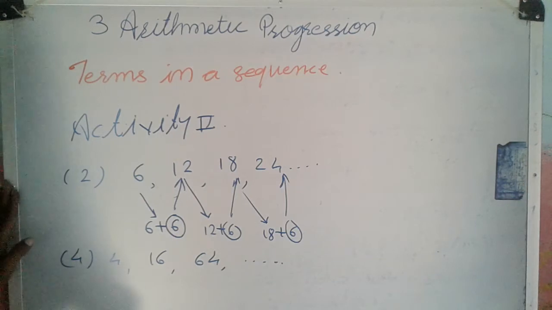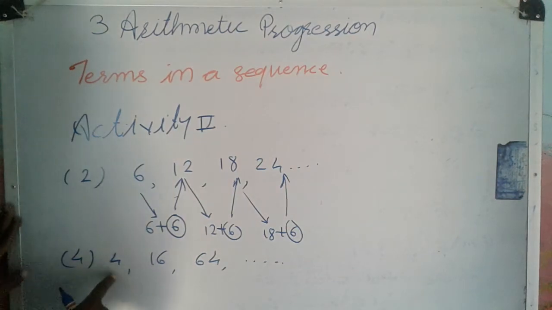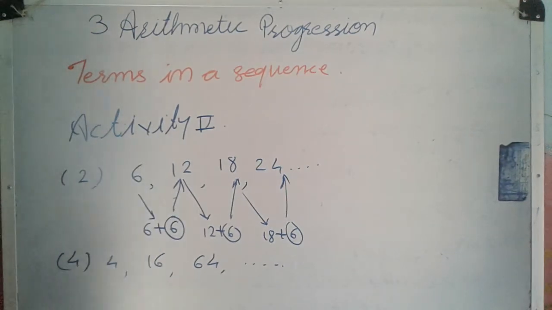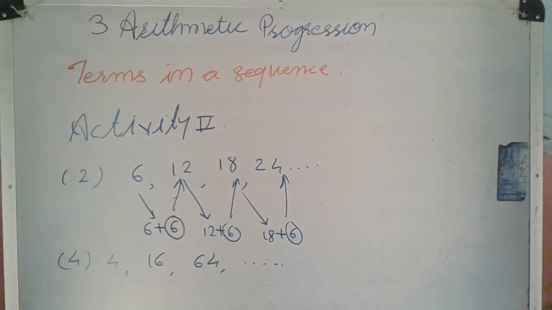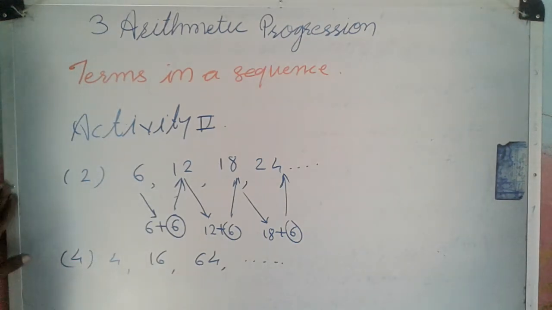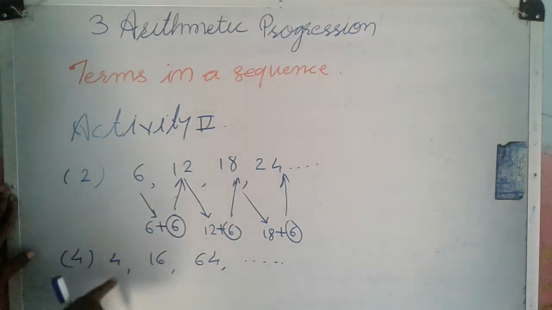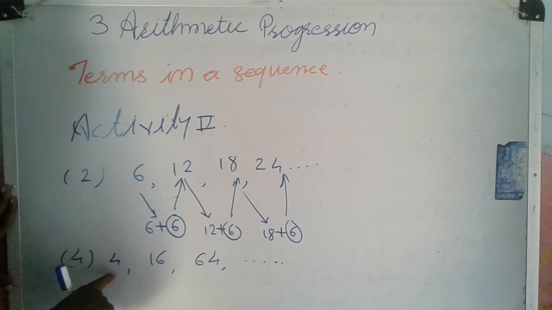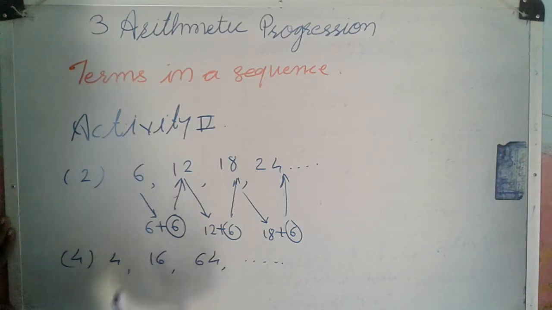In the fourth example, the first term is 4, second term is 16, third term is 64. Now here, if you multiply the preceding term by 4, we get the next term.